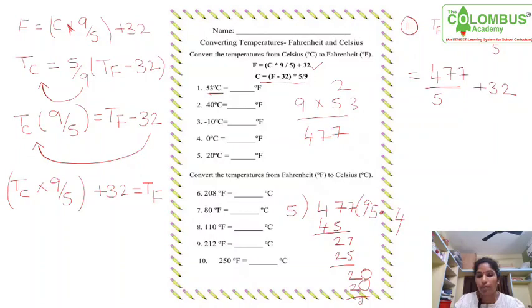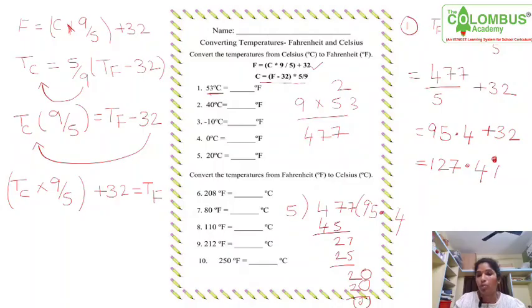So the value is 95.4 plus 32. Add it. 0.4 stays the same. 5 plus 2 is 7, 9 plus 3 is 12. How much?